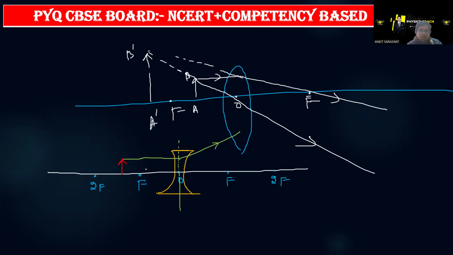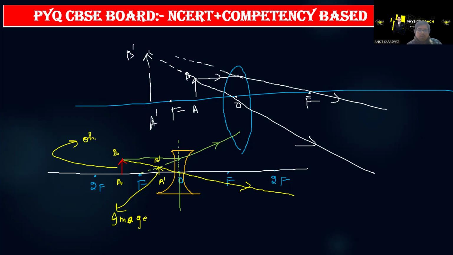Like this. Clear? This is the image. AB object, A dash B dash image.